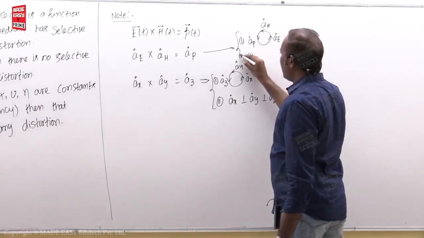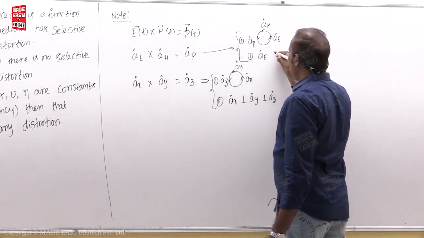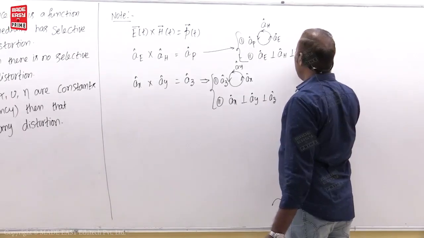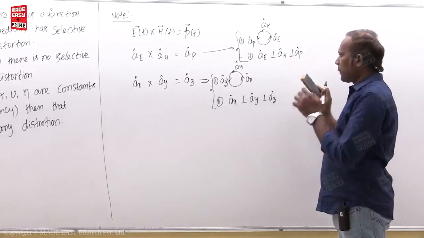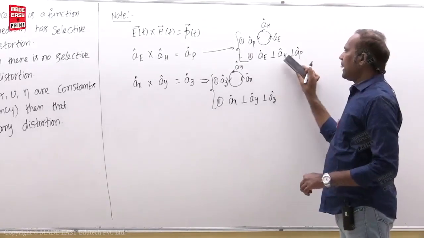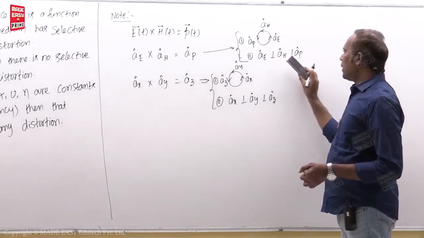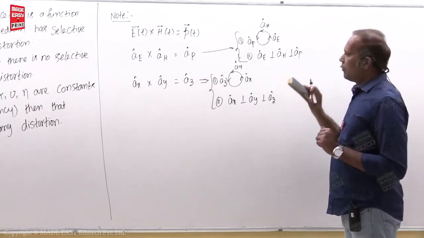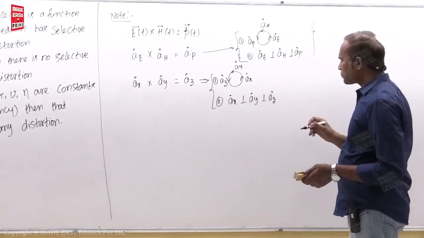And the second point is that aE cap, aH cap and aP cap are mutually perpendicular. That is why aE dot aH is 0, aH dot aP is 0, aE dot aP is 0. They are the properties of a uniform plane wave. We will write them later on. So anyway, you have to remember this.